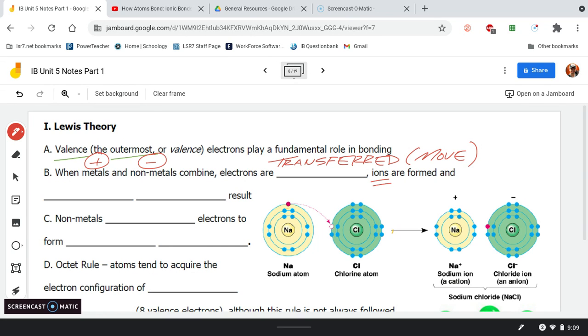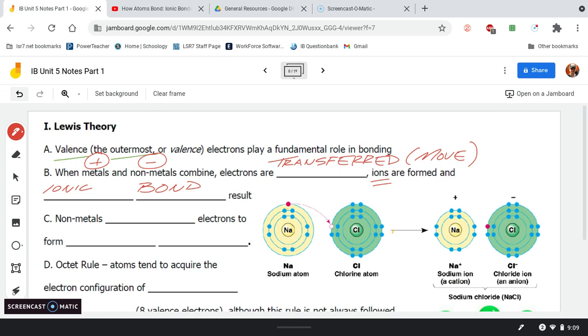What you get is what we call an ionic bond. An ionic bond is actually a pretty strong bond, and it is based on the fact that, look at the word ionic, you're making ions.